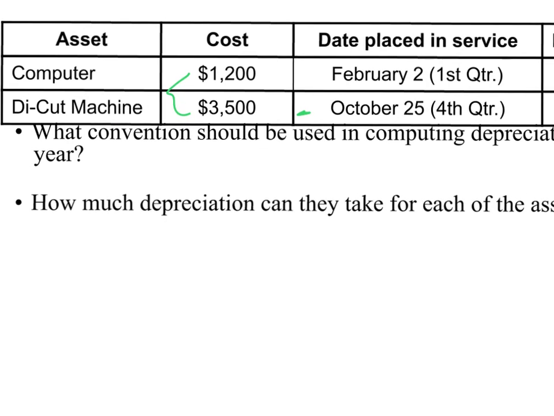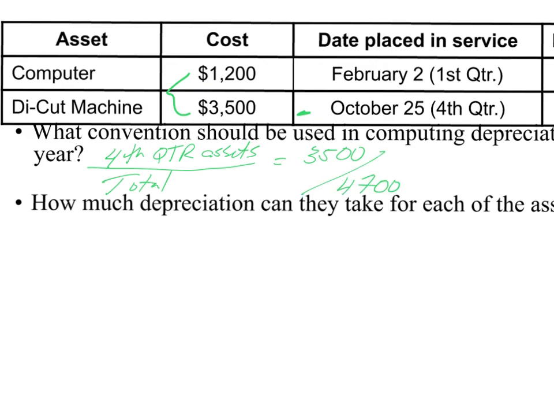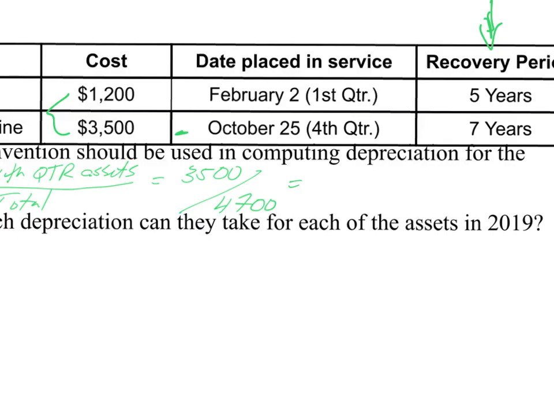So remember, 4th quarter assets over total. And so in this situation, that's 3,500 over 4,700, which is going to give us a pretty large percent.